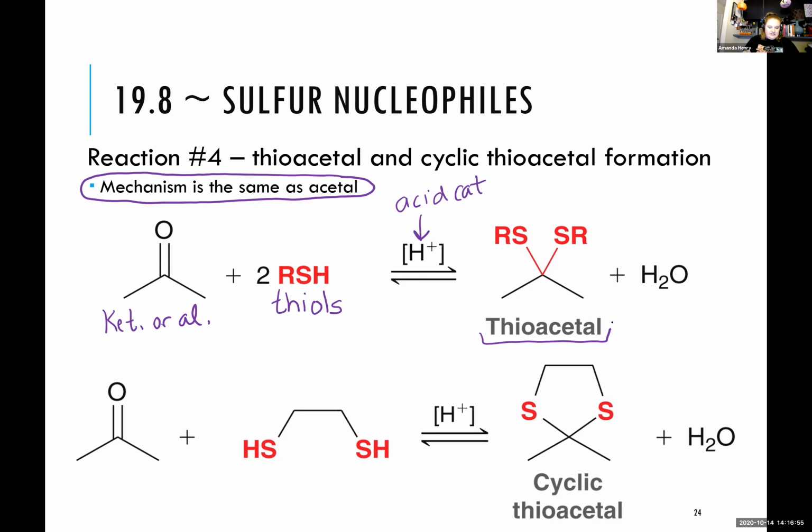I don't know what it is off the top of my head, but it does give us an indication that there's sulfur present. And then the one on the bottom is essentially the same thing, but we're making a cyclic thioacetal. And just like with the oxygen, we can use a carbon chain that is one longer than the one in the example.